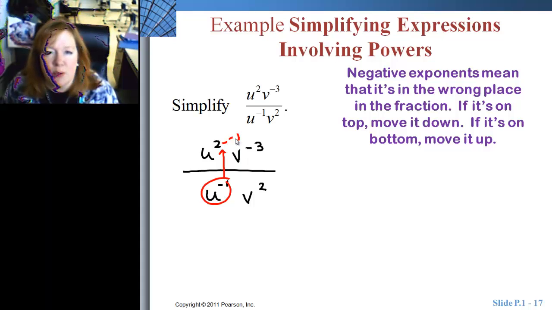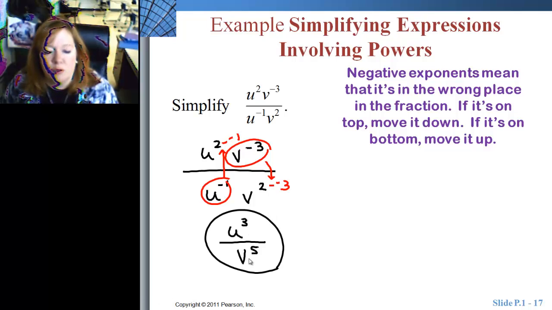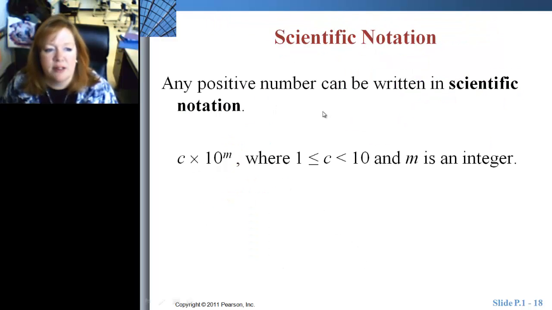If you look at your properties, you subtract exponents on the same base. So you'd have 2 minus a negative 1. And down here the v would move downstairs because it's negative, so to make it positive it'd be minus a negative 3 down below. So you'd end up with u cubed over v to the 5th. That's about the most complicated one you're going to see.